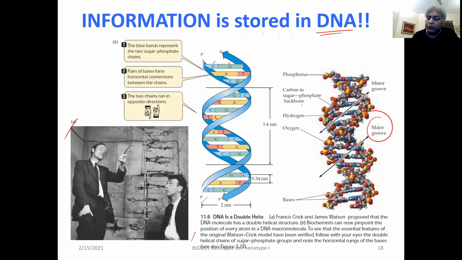Now through the DNA structure, we can pinpoint each atom present in DNA. Where is oxygen, where is hydrogen, the sugar phosphate backbone. If you have the structure of DNA, you know at the atomic level the whole structure of DNA.